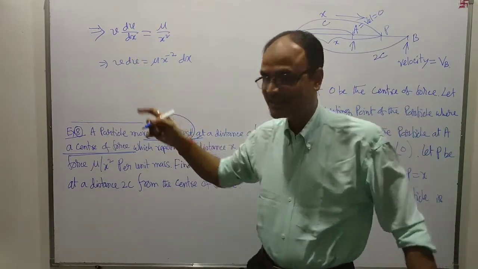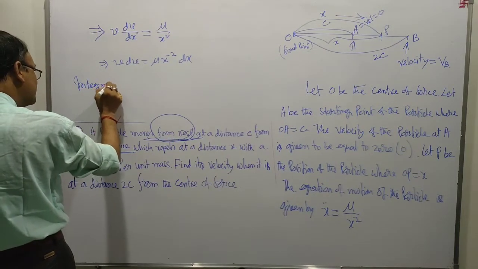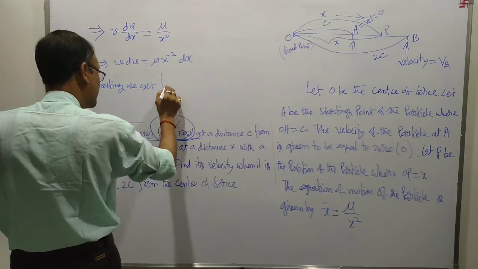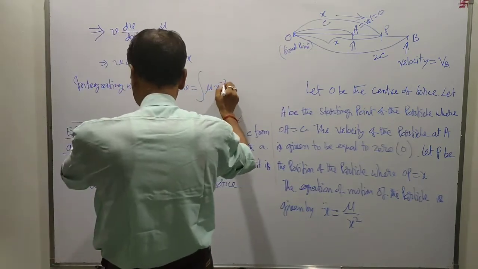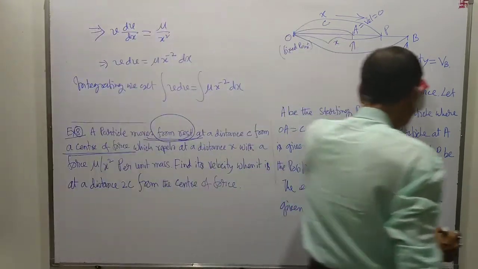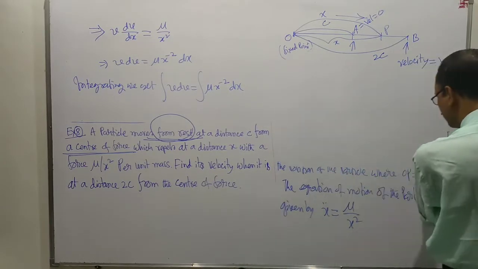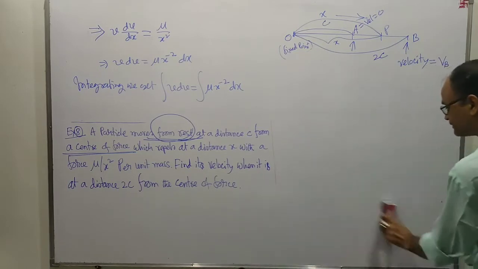Now integrating, we get the integration of v dv equal to the integration of mu x to the power minus 2 dx.